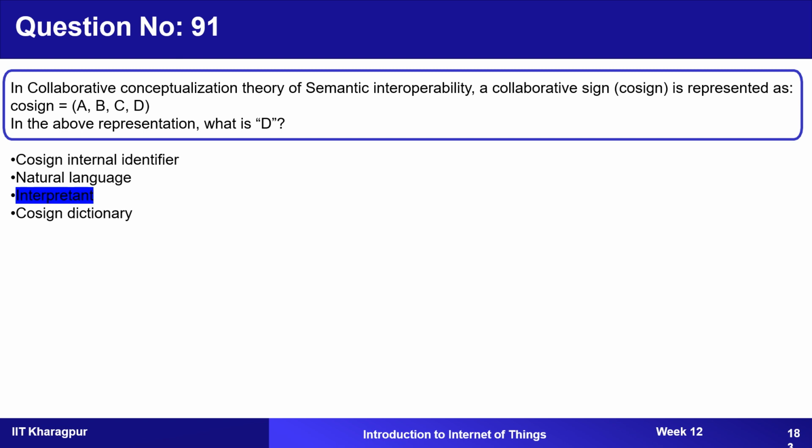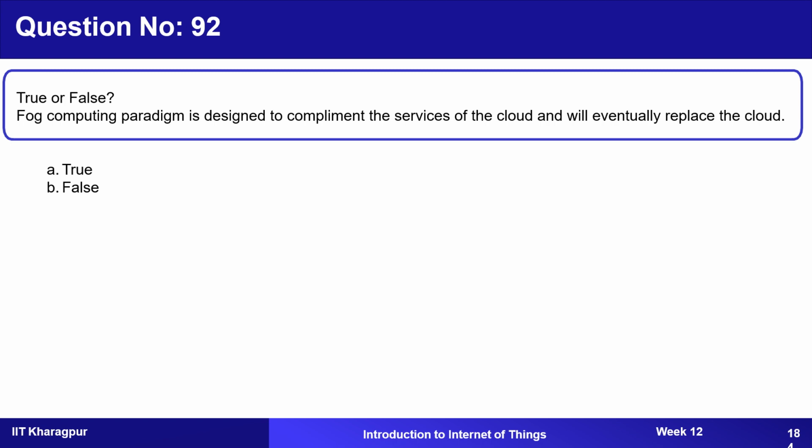D, ma'am. Interpretant. Next question is true or false. Fog computing paradigm is designed to complement the services of cloud and will eventually replace the cloud. This statement is false because it will not replace the cloud.